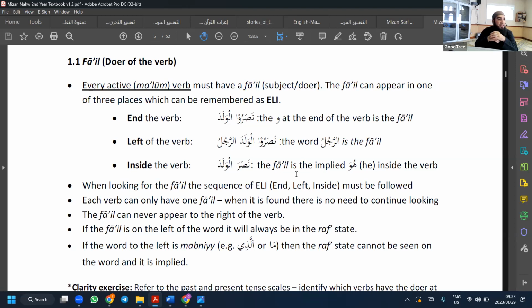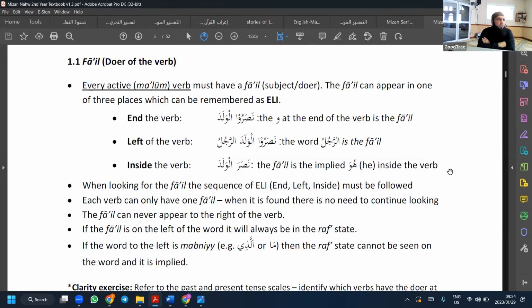Even if you're in the middle of a jumla ismiyya, you still do ili. And if it's an active form verb, you will find a fa'il. How many fa'ils can a verb have? Only one.